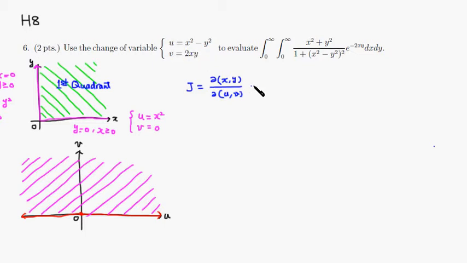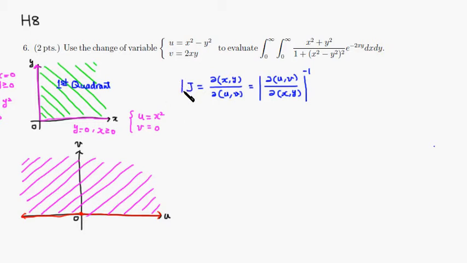So what we can do is, this is equivalent to, and this is easier to find, the partial of u and v with respect to x and y. This is just upside down, so I just have to take the reciprocal. So this is what you're looking for.